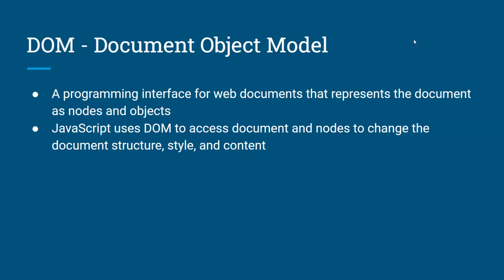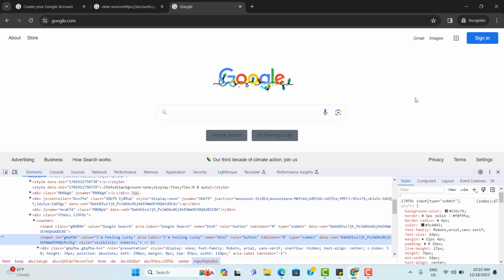And the last part, DOM, the Document Object Model, where the document is HTML. A DOM is a programming interface for a web document that represents the document as nodes and objects, and it is mainly used by JavaScript to access the element and change the properties or perform any action on that node. For example, you must have noticed that after filling in some form, when you click on submit, that submit button will be grayed out for some time, because at that time it is processing your information.